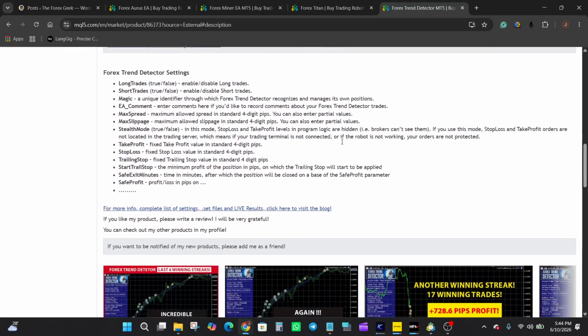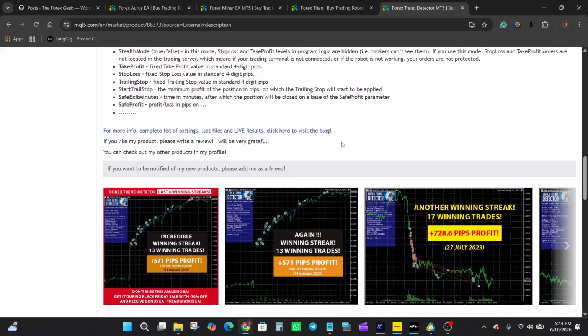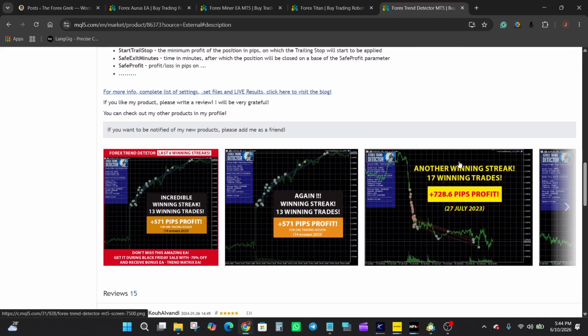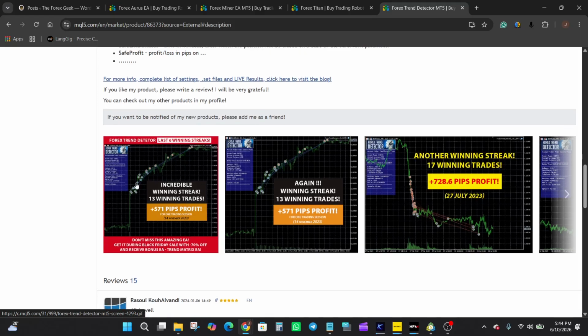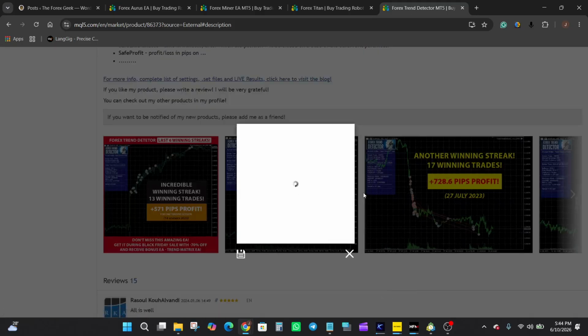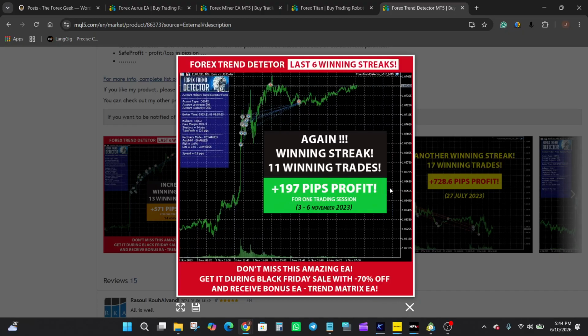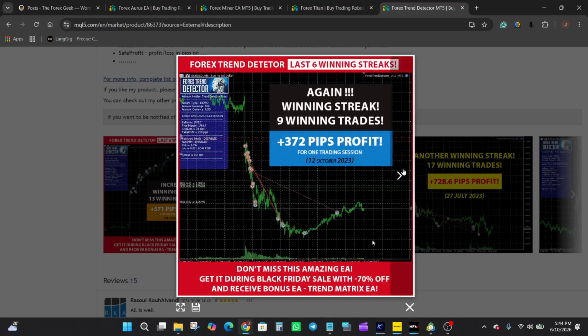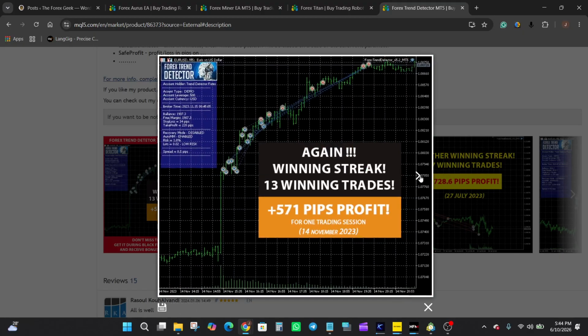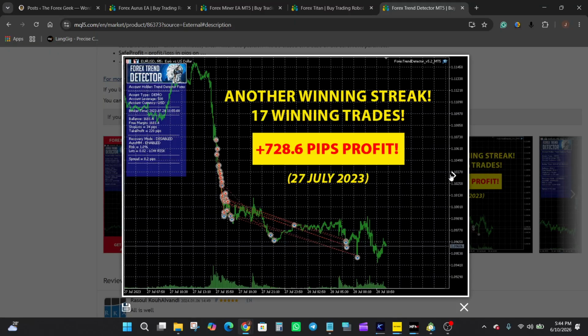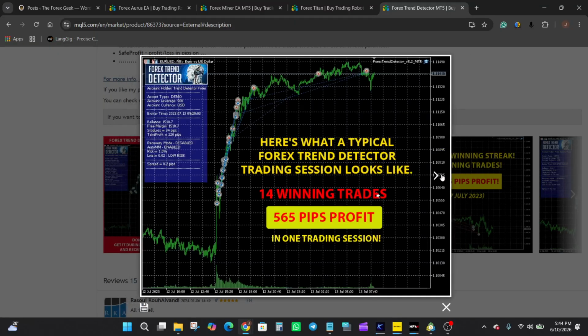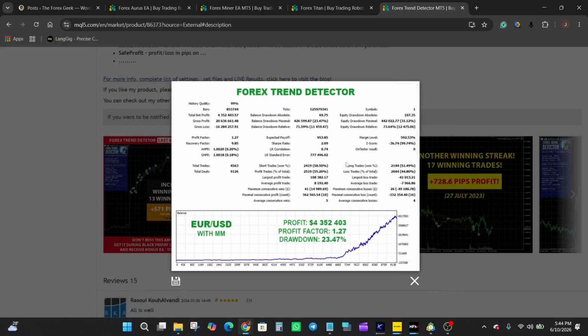So now I'm just going to switch into the strategy testing section, and looking at the images provided here, we can see that these are basically showing a winning streak of the expert advisor, and this shows the backtest result.